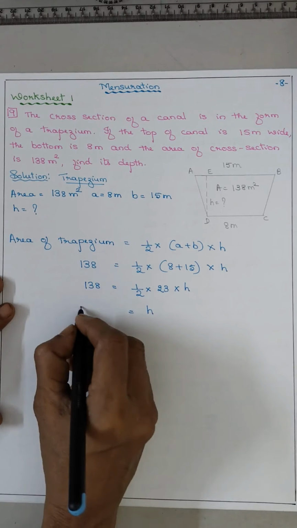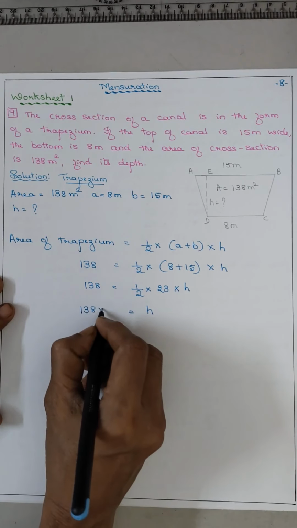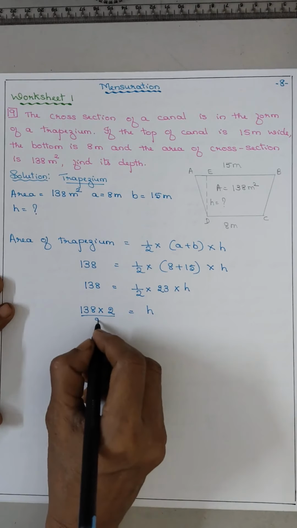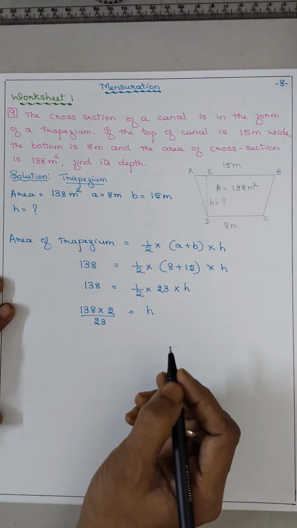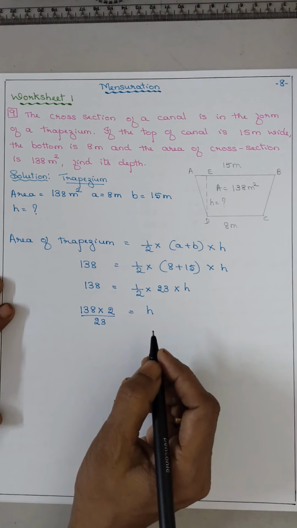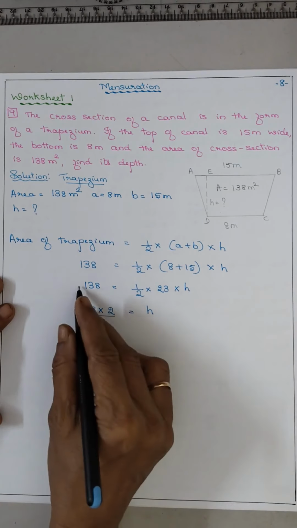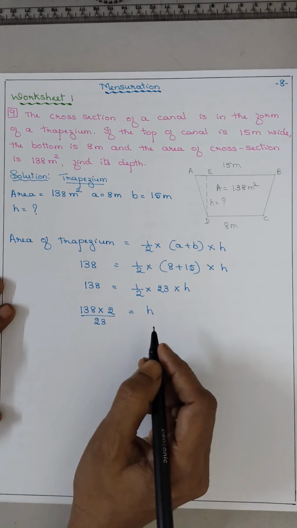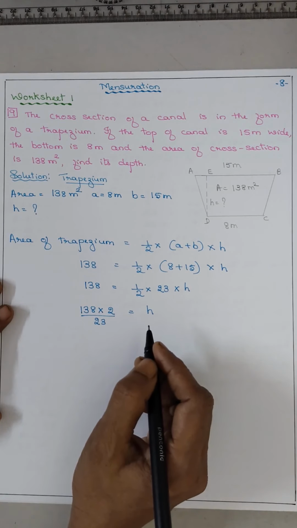H is equal to 138 into 2 upon 23. Isn't it? Into 2 upon 23. Now 23 is a prime number.